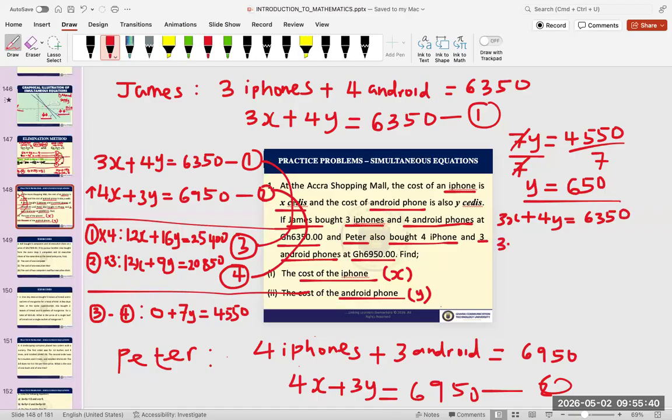So 3x plus 4y means 4 multiplied by 650 is equal to 6350. 3x plus 2,600 is equal to 6,350.